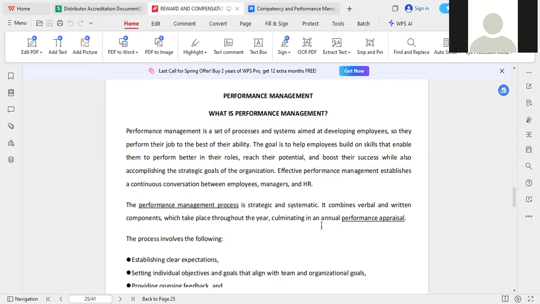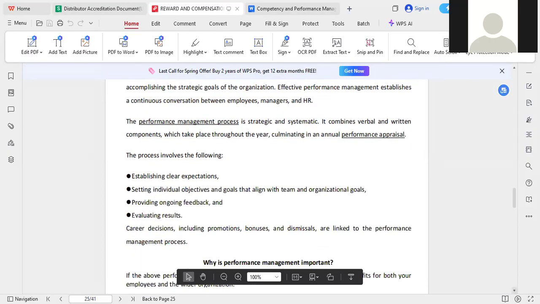Then we talked about the importance of the process. Why do we need performance management and what is involved? We said in performance management, you establish clear expectations, set individual objectives, provide ongoing feedback, and evaluate results.